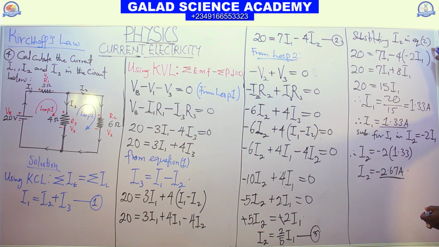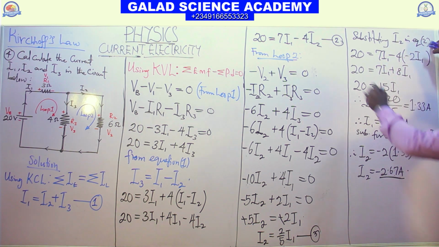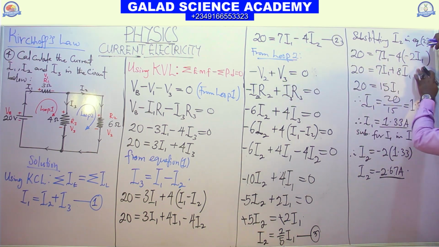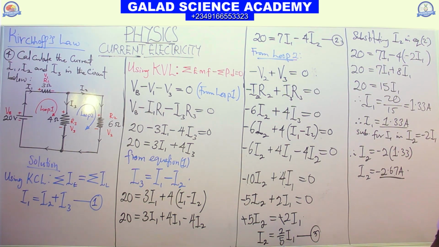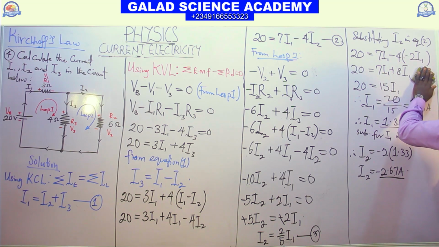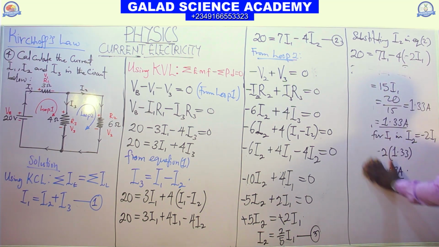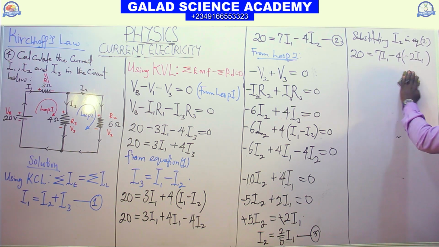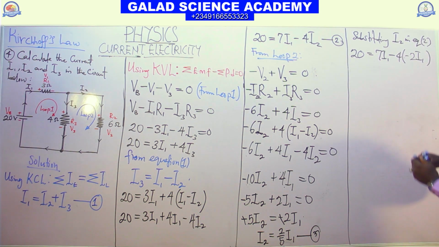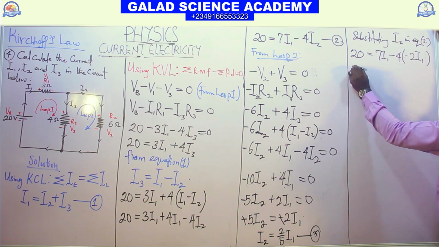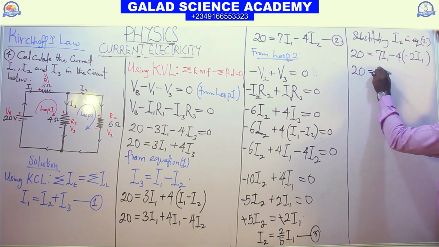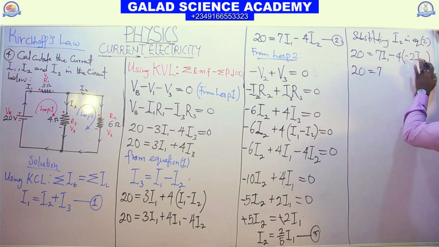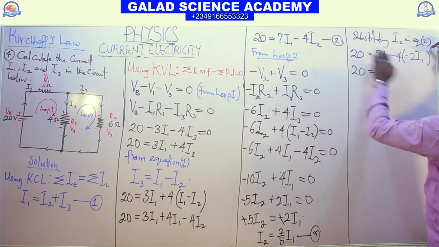In equation 2. Substitute for I2 in equation 2. This is equation 2. So what is my I2 now? Please, permit me to rub this side. We have 20 volts. No, this I2, 4I2 here.